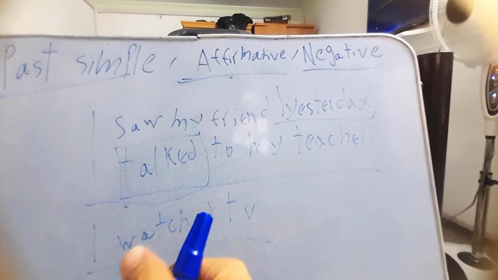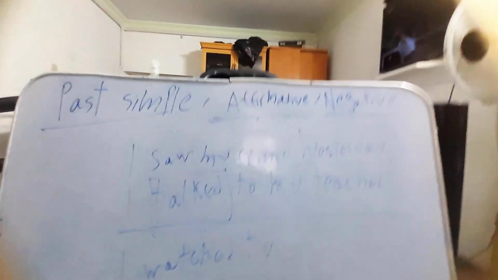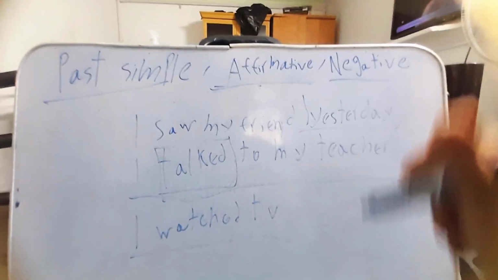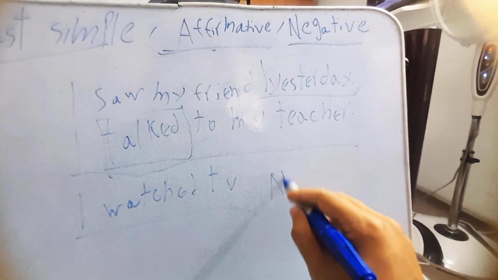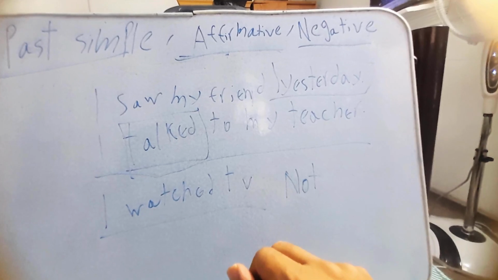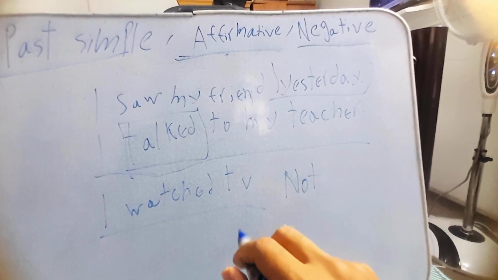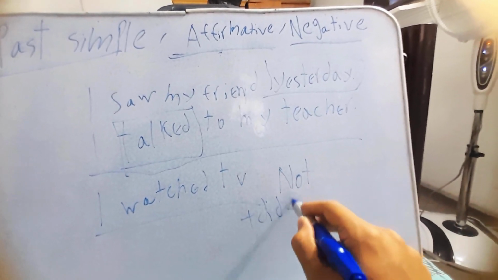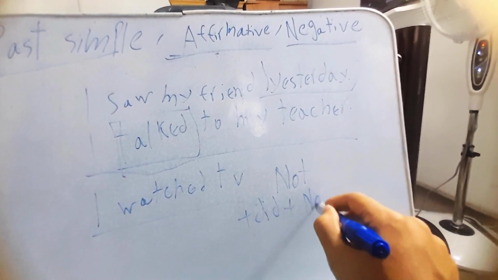Okay, and it shows the past simple. And okay, for negative form, we must use not. And we must use did plus not.